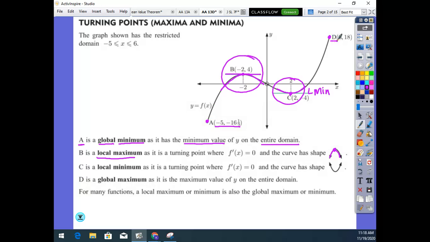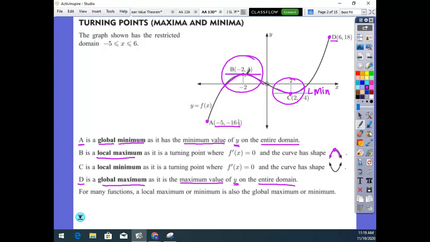Then point D is a global maximum because it's the maximum value of y. We're always talking about the y value on the entire domain. So these are your global max and mins, local max and mins.